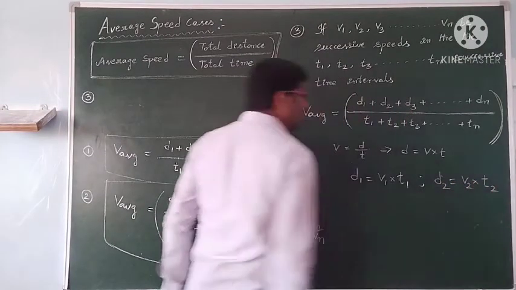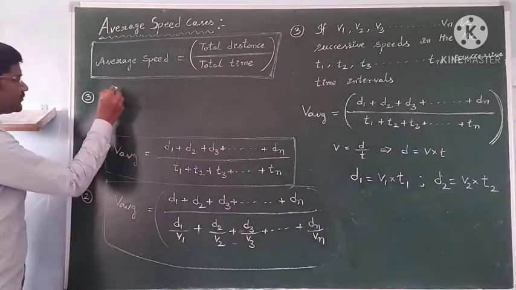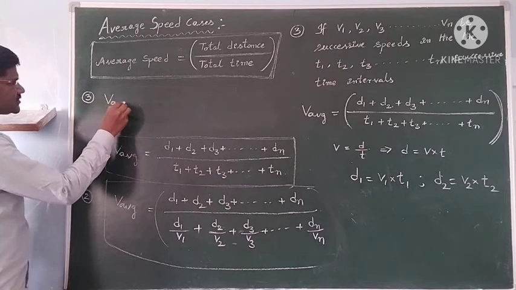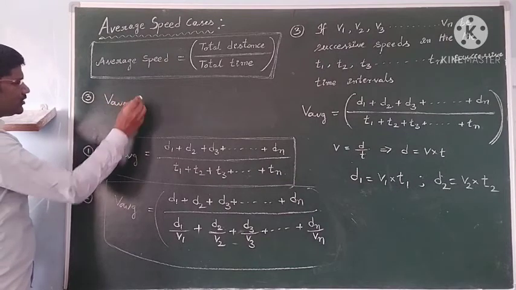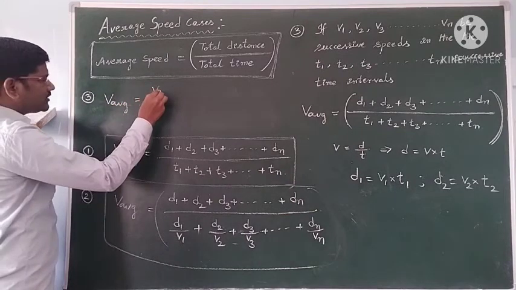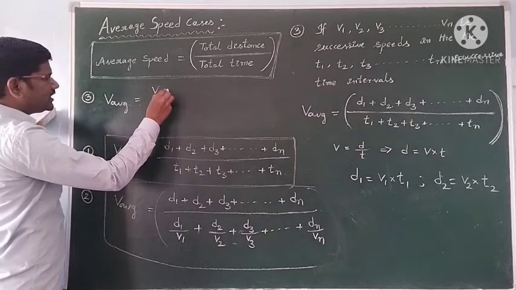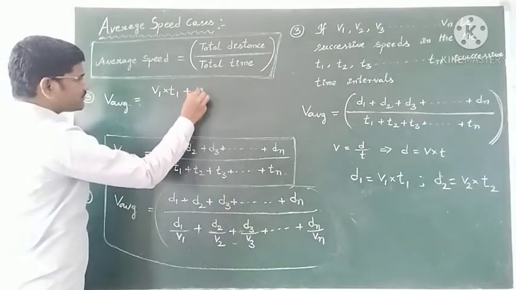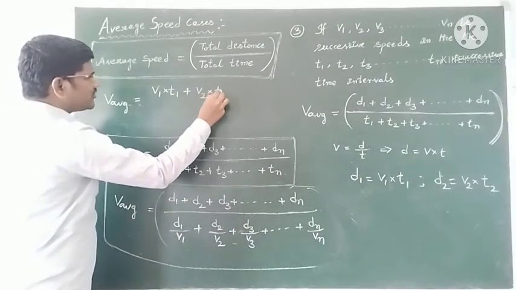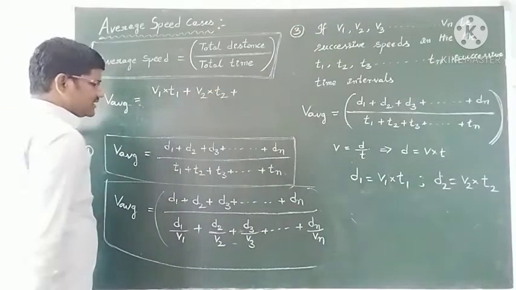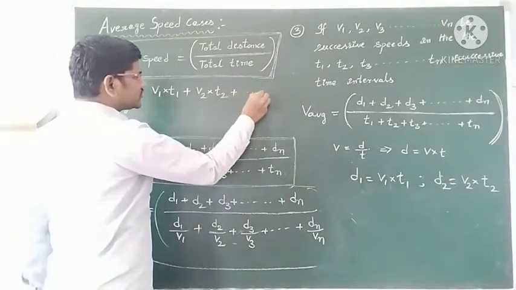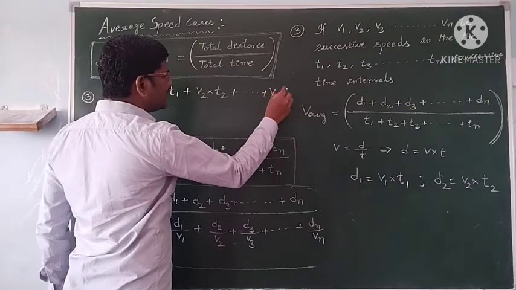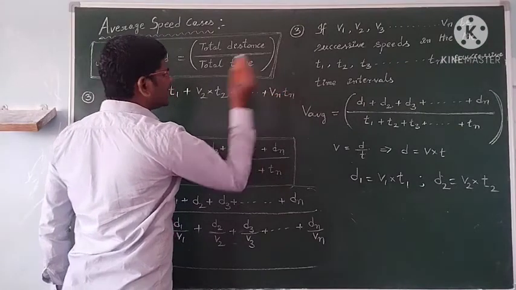Then V average equals D1, which is V1 into T1, plus distance D2, which is V2 into T2, plus so on, Dn, which is Vn into Tn.